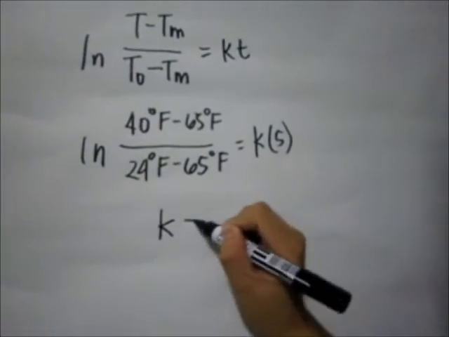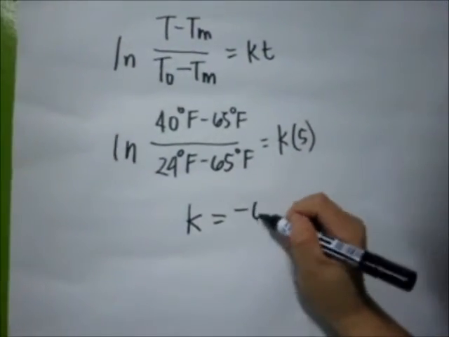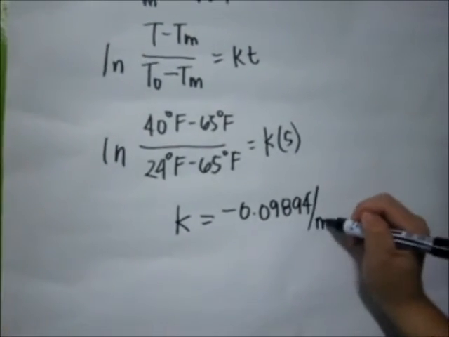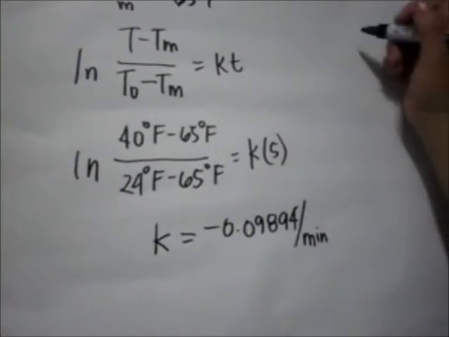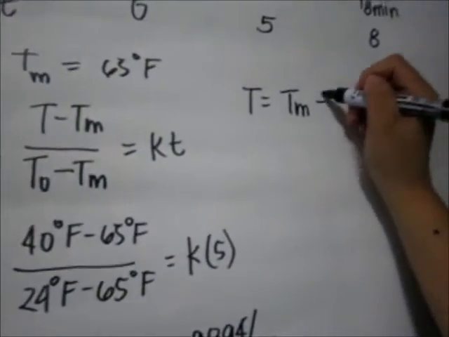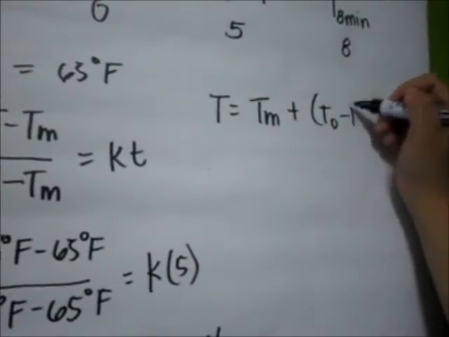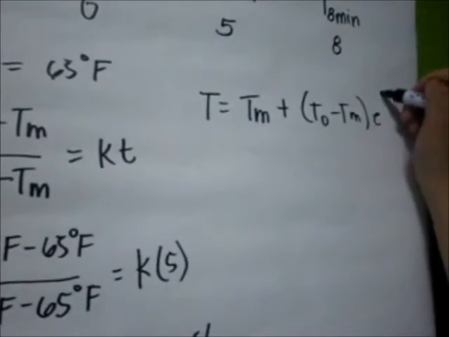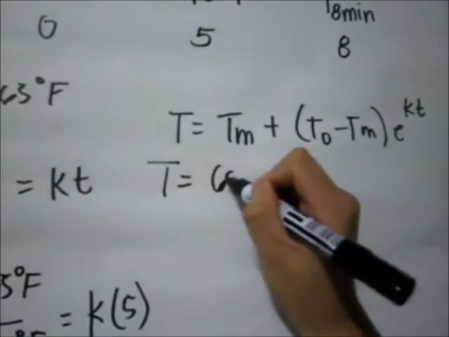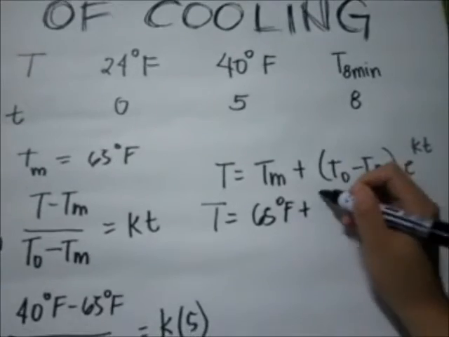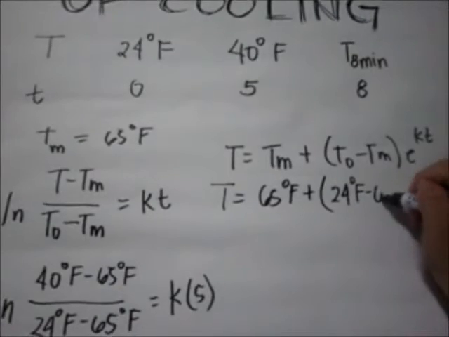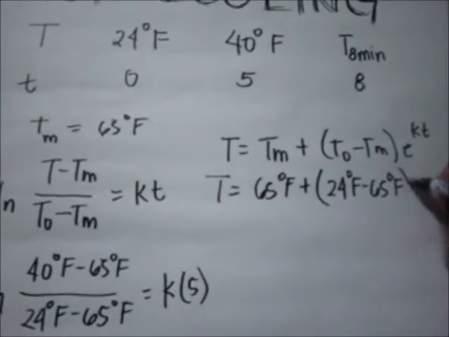So we will get k is equal to negative 0.09894 per minute. We will use the formula T is equal to Tm plus T naught minus Tm times e raised to kt. T is equal to 65 degrees Fahrenheit plus 24 degrees Fahrenheit minus 65 degrees Fahrenheit times e.